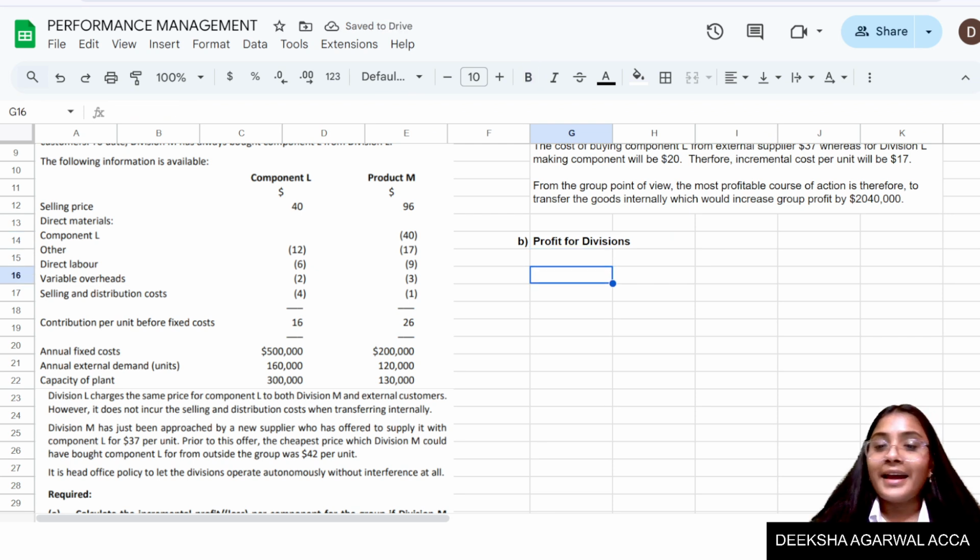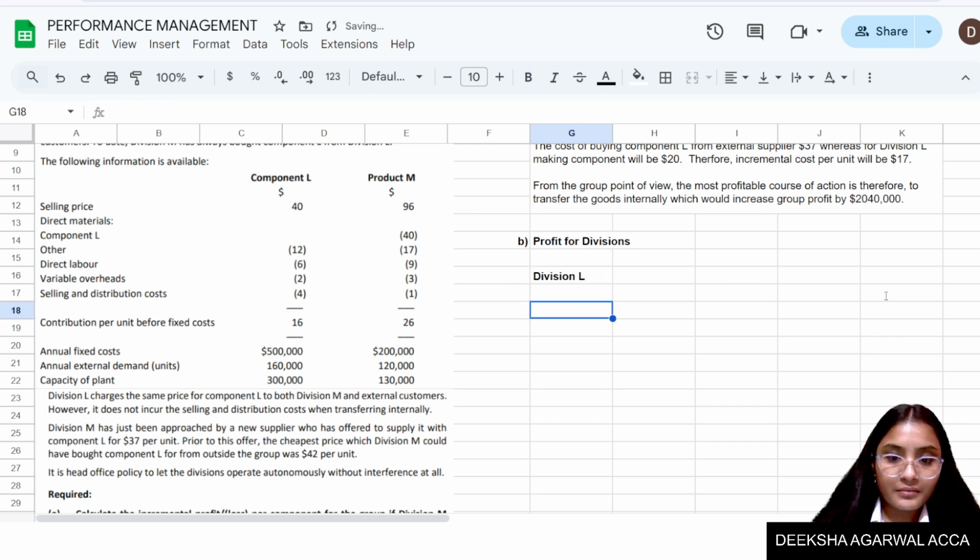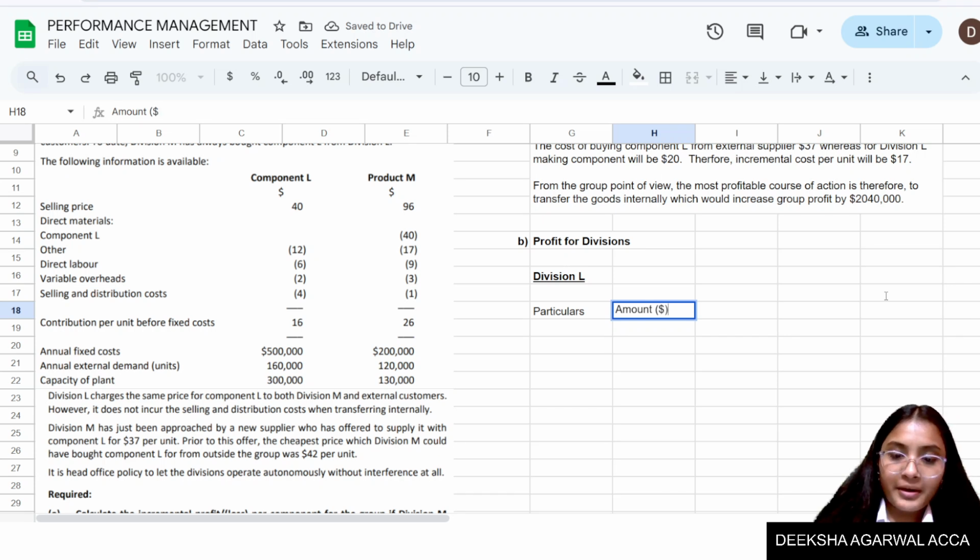Now, I am given the two divisions, division L and division M. Let's calculate the profit part.